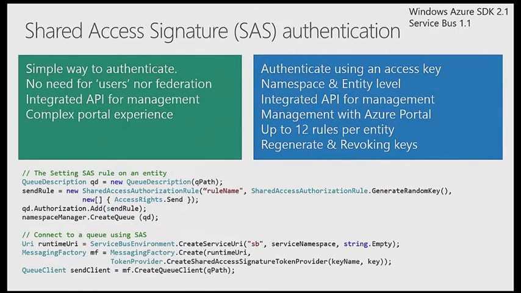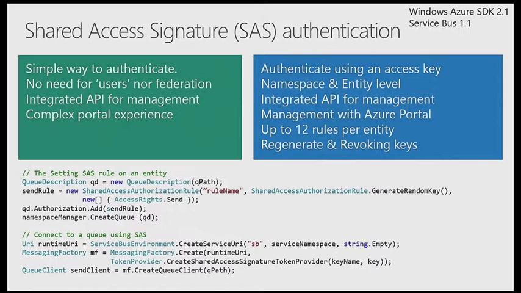And we kind of followed what the storage team offer, and we have this shared access signature authentication, where you basically define rules either at the level of the service bus namespace, and namespace is basically a collection of many, many queues and topics. So either at the level of a namespace or at the level of a single entity, being a queue or a topic.